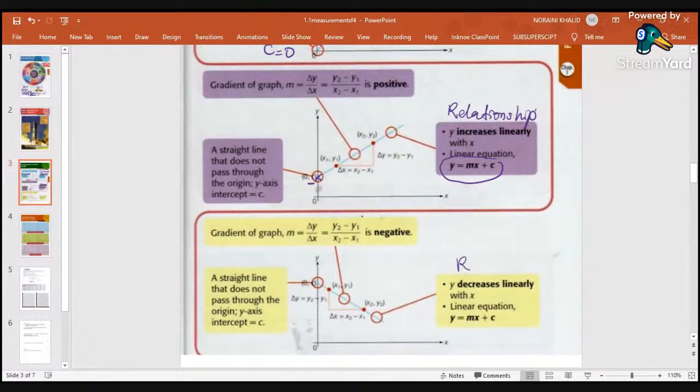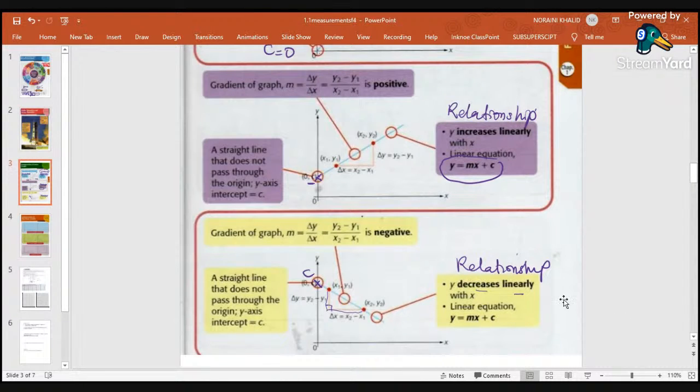So the relationship: y decreases linearly with x. Formula y equals mx plus c, where c is the y-intercept and m is the gradient of the line.